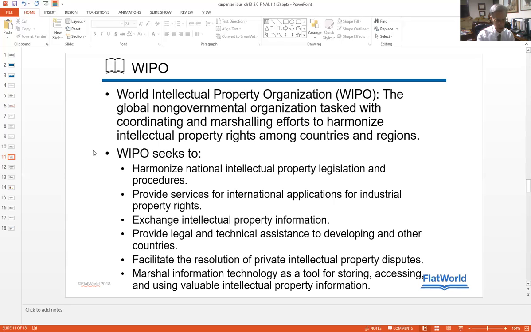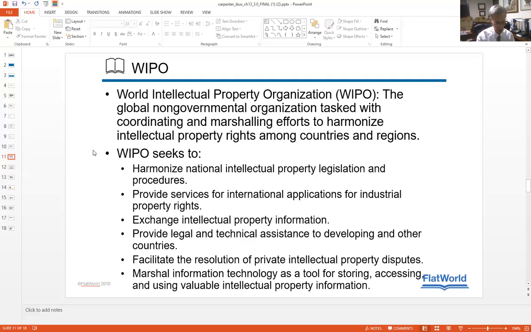WIPO may help to exchange information and facilitate licensing. It can provide some legal and technical assistance and so forth, but it also finds itself dealing with disputes between two parties in two countries that both think they have a right to this process.